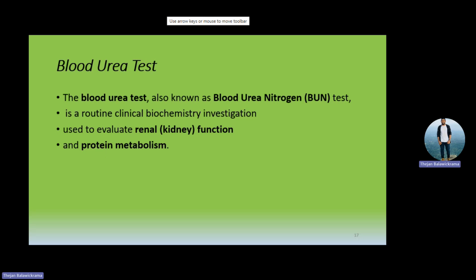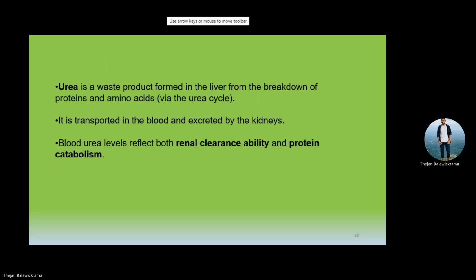Only if the kidney is malfunctioning do we have a high level of urea. Like I said, urea is a waste product formed in the liver, from the breakdown of proteins and amino acids. We call that the urea cycle. Proteins are utilized in the body, and in that metabolism, urea is formed.